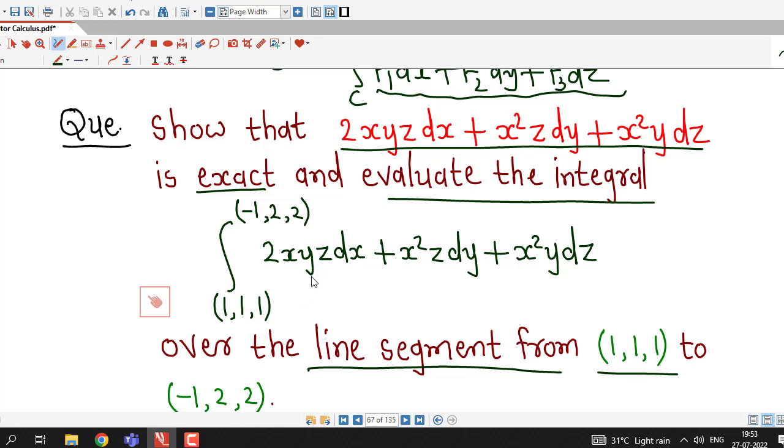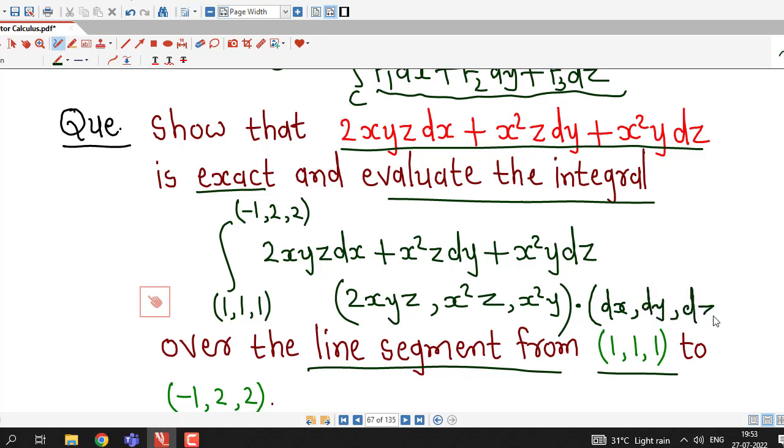Here we are asked to find the value of this line integral along the line segment joining the two points (1, 1, 1) and (-1, 2, 2), and we can rewrite this differential form as the dot product of these two vectors, (2xyz, x square z, x square y) and (dx, dy, dz). If we take the dot product of these two vectors, then by the definition of dot product, this is 2xyz into dx plus x square z into dy plus x square y dz.